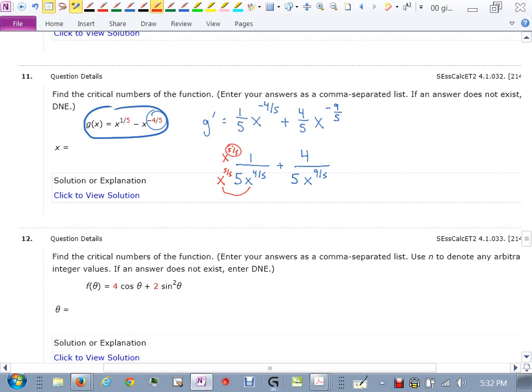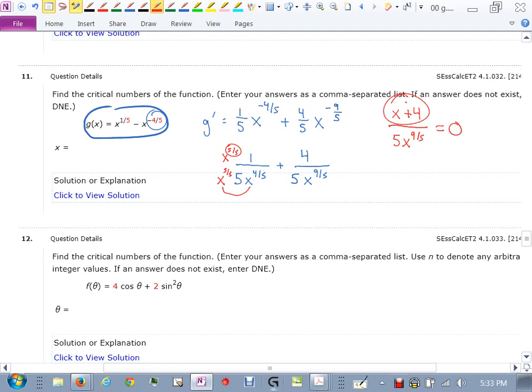But this is really just a 1, so I'm really just putting an x on top there. So x, I still have the plus 4 up top, over the new common denominator, which is 5x to the 9/5. Now I want to know when that's 0.